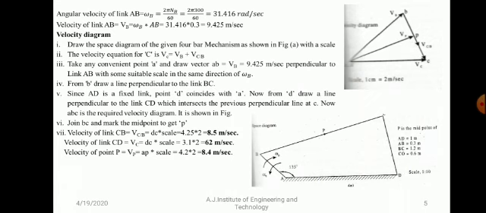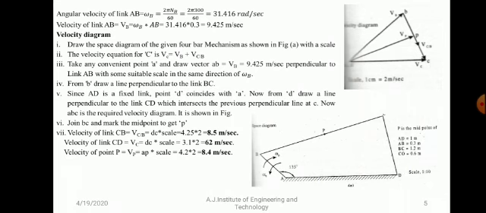Velocity of the point P: P is midway between B and C. Similarly, you locate the point P midway between B and C, and from the origin you draw a line. This will give the point.